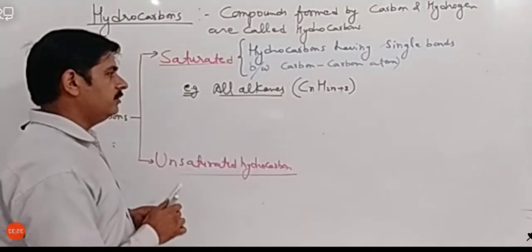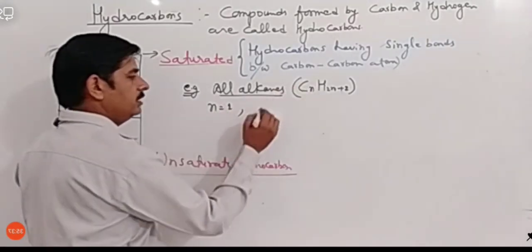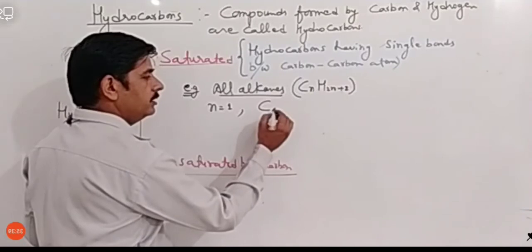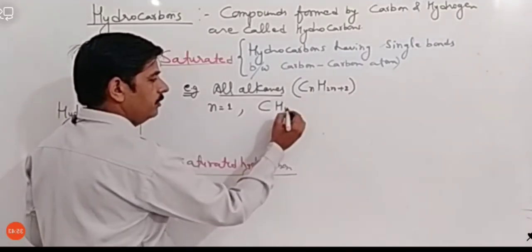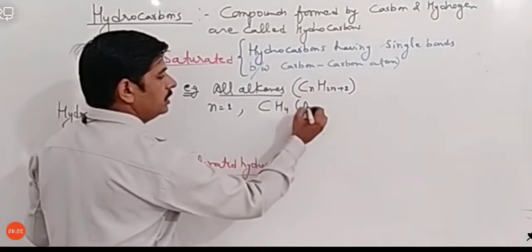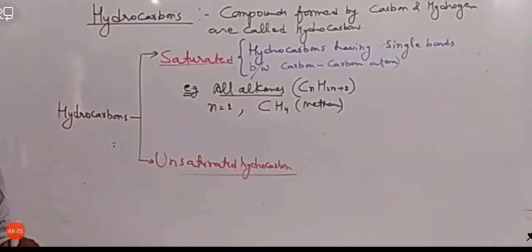If I put n equals 1, then the hydrocarbon will be CH4. It is methane, a hydrocarbon with all single bonds.